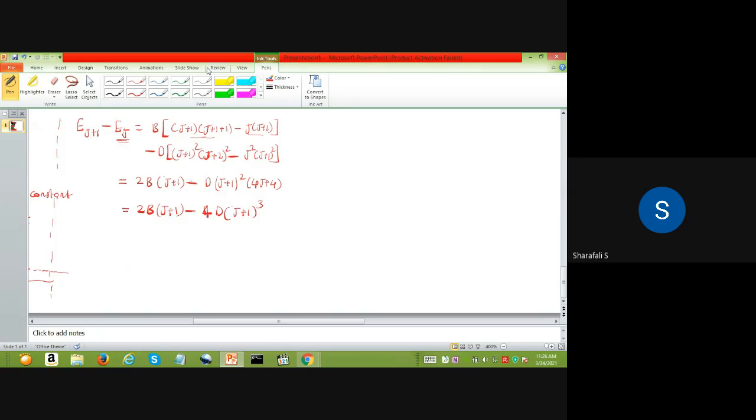For example, if you consider the rigid rotator, we had energy levels like 0, then we have 1, then slightly it is going to increase, the separation is going to increase, then 4.